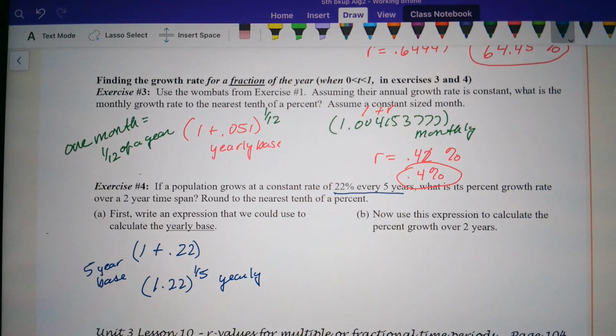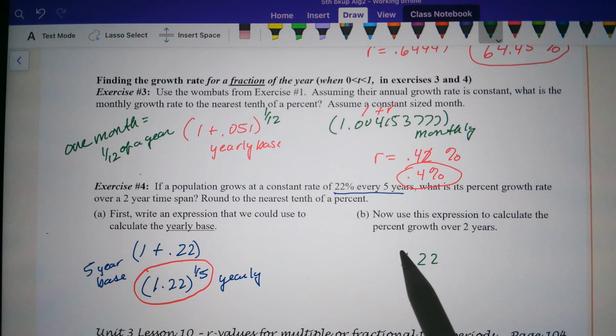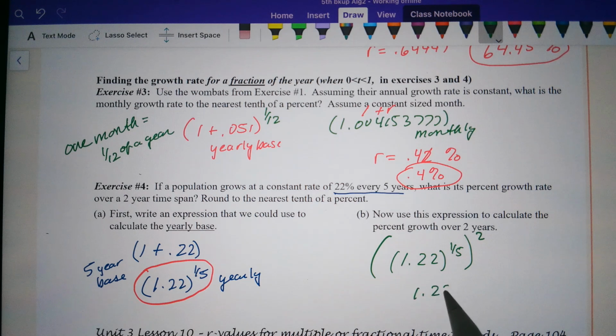It says to write an expression. Okay, so I'm not using the calculator. Here's our expression for a yearly base. Now use this expression to calculate the percent growth over 2 years. We would take our yearly base, and if we want 2 years, we would raise it to the power of 2. We'd square it, which is the same as 1.22 to the 2/5.